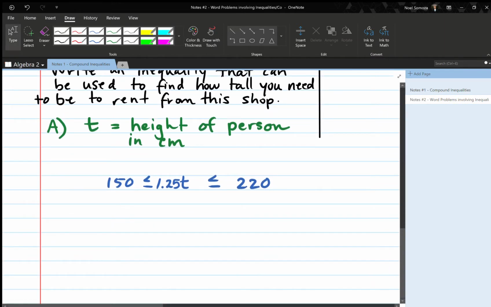Let me scroll up. All right, so real simple: we solve for t, we divide everything by 1.25. So let's go ahead and do that.